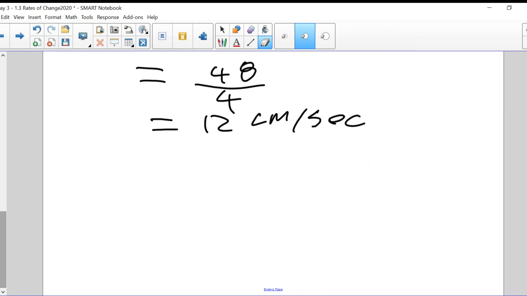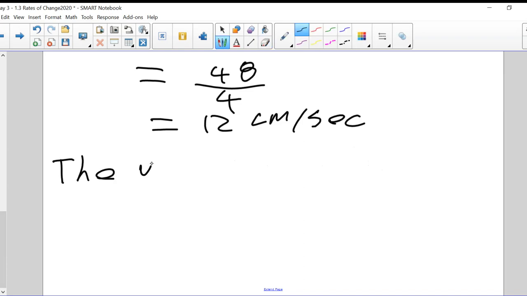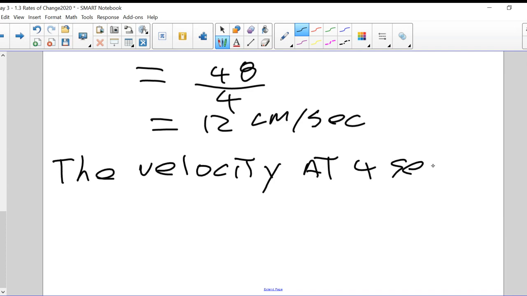The velocity at 4 seconds is, I think it was 24. Yeah, is 24 centimeters per second.